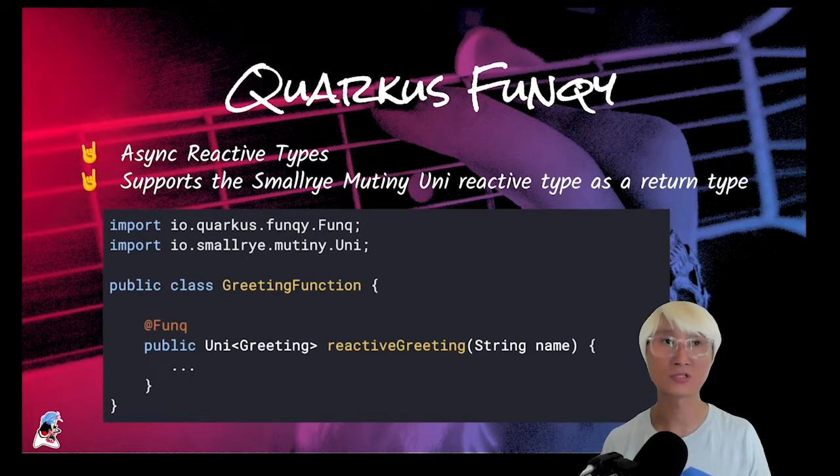As you can see in this example, you still use the Quarkus @Funq annotation on top of the method, and then you just change your return type from an imperative one, like a String or a collection, to Uni and Multi, just like Mono and Flux in Spring Boot. With that return type, your method will be treated as reactive programming, which is really cool.